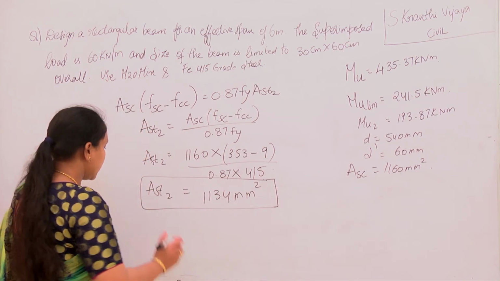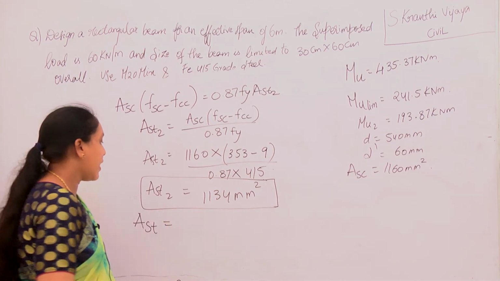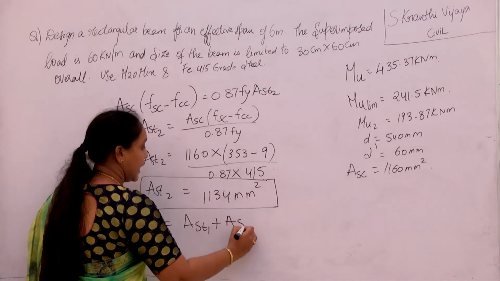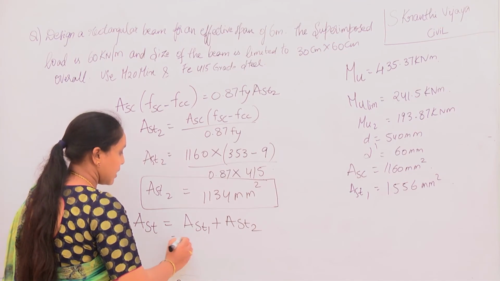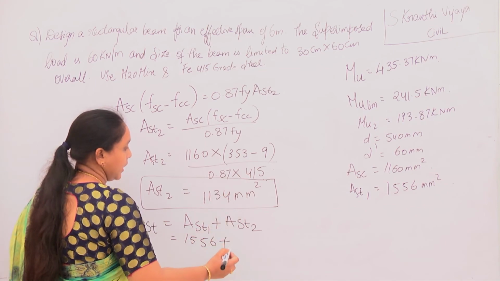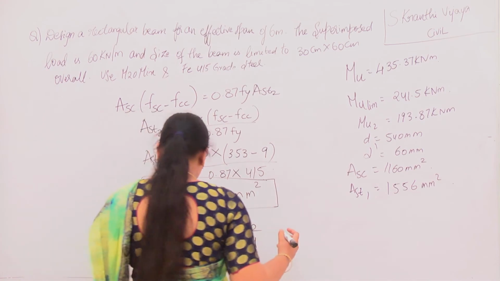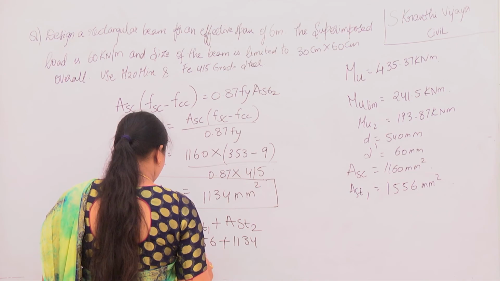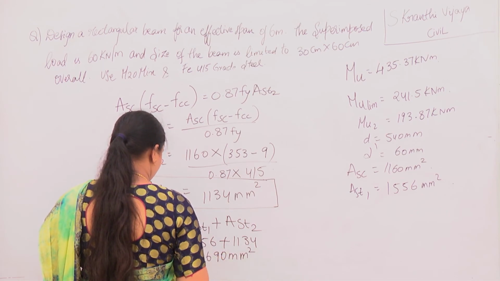Now let us find out the total area of tensile steel. So how will you find out the total area of the tensile steel? It is AST1 plus AST2. So what is the value of AST1? It is 1556 plus AST2, which is 1134. So if you calculate this, you will get a total value of AST as 2690 mm square.